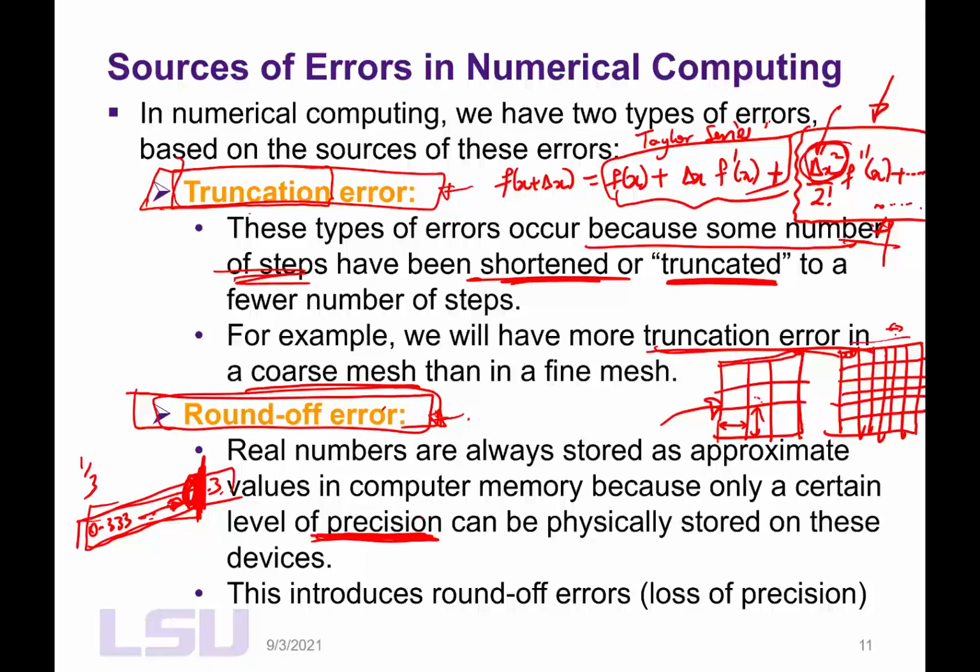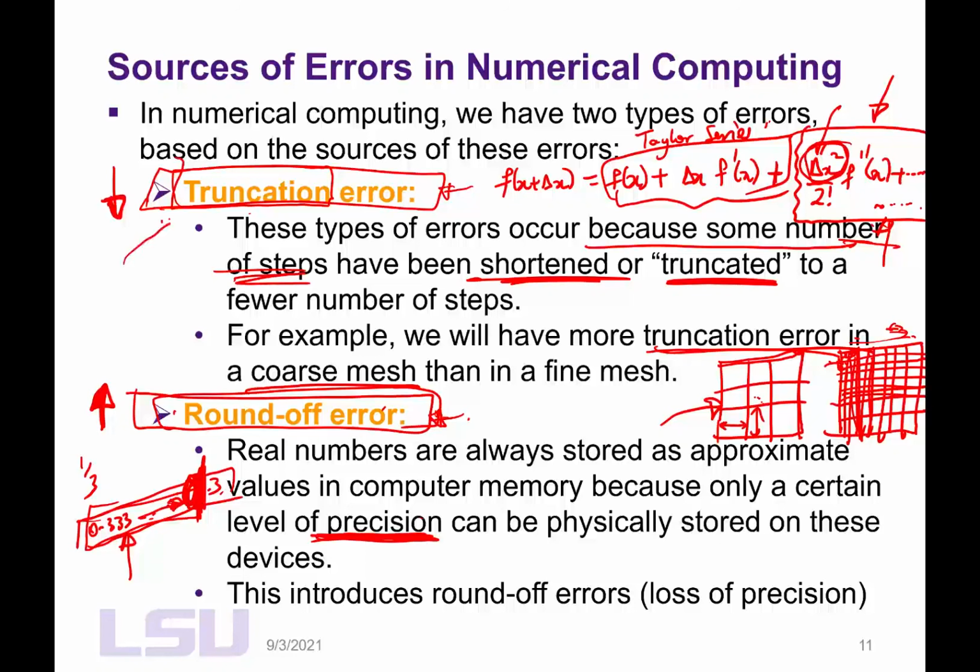So when you go to finer and finer meshes, your truncation error goes down, right? When the truncation error keeps reducing because you're using extremely fine meshes, at some point you will be losing accuracy in the decimal places you're storing these dimensions at. And because they are so small, these round-off errors accumulate, and round-off error actually increases because your mesh is getting too fine. So many times there is a trade-off between your truncation error and round-off error.